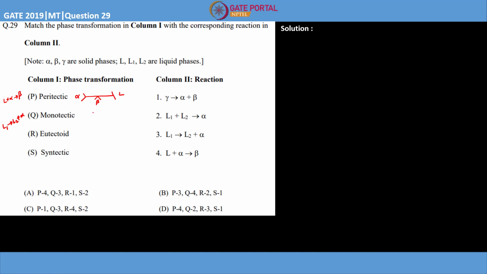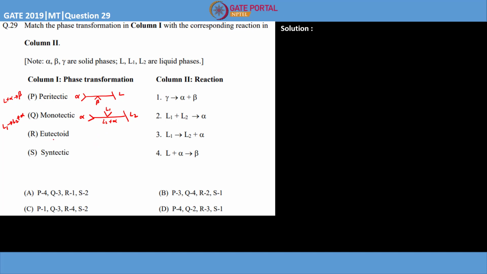So if you want to know how this looks in a phase diagram, let's say this is our transformation temperature line, and we have a liquid phase L1 in this region, and at the right side, let's say we have another liquid, and the left side we have a complete solid phase. So when you cool down, liquid L1 will be converted into liquid 2 plus alpha phase below this temperature. So this is how a monotectic reaction takes place.